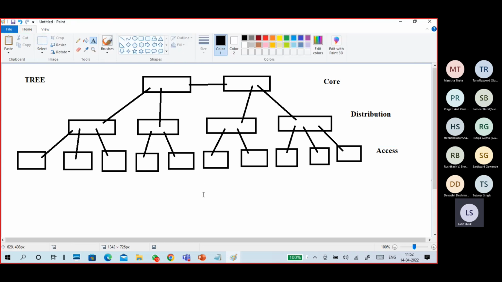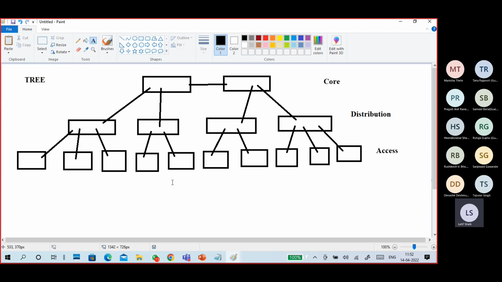So it is a tree form of network, like switches, and all switches are connected to a big switch, and finally it is connected to routers or very big layer 3 switches.